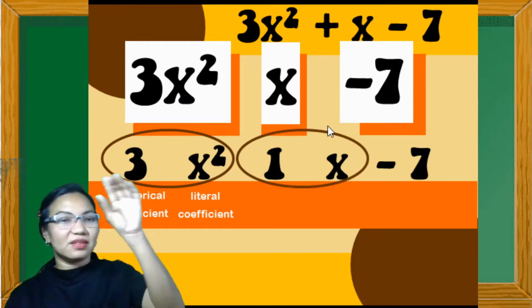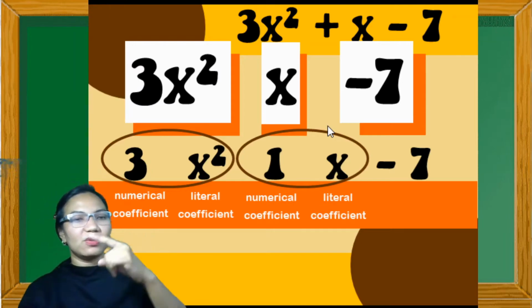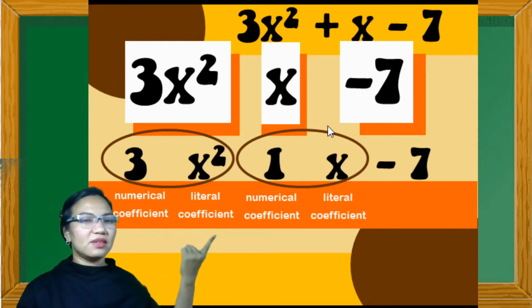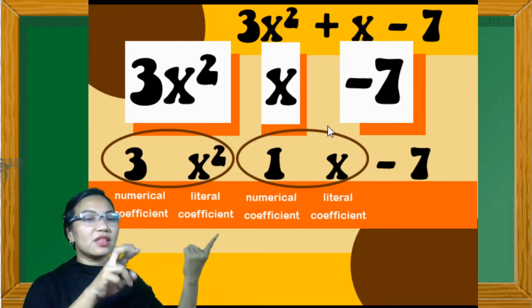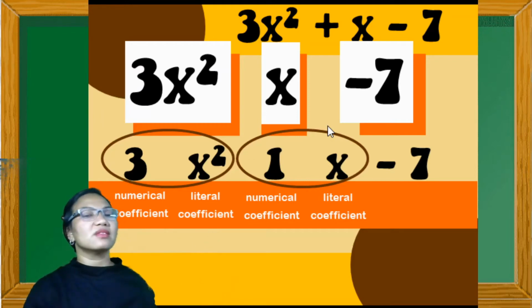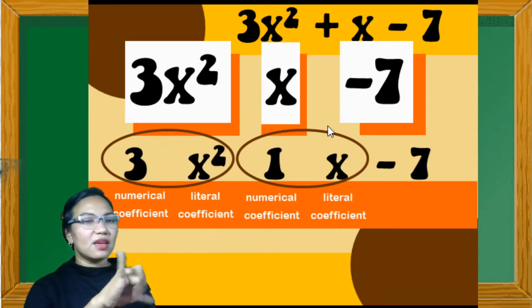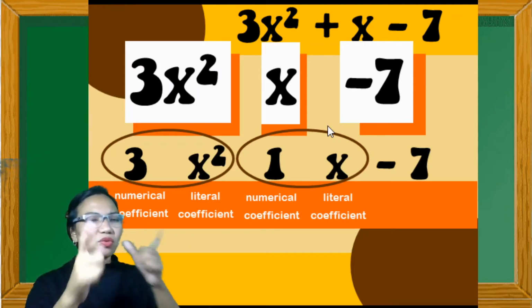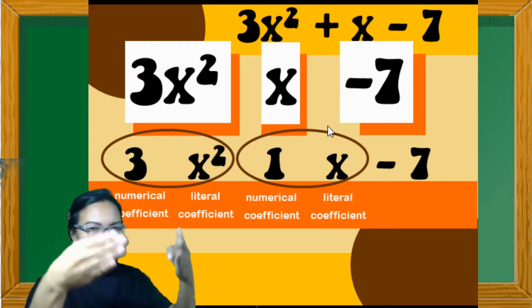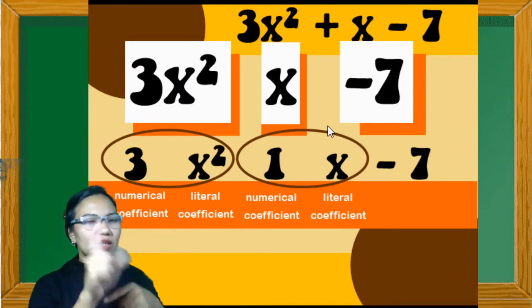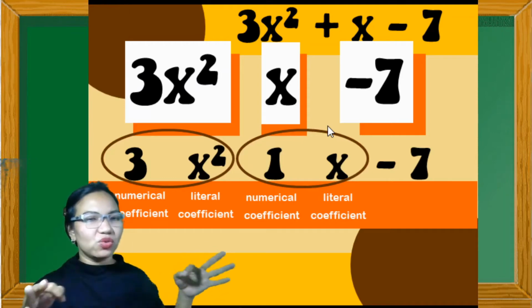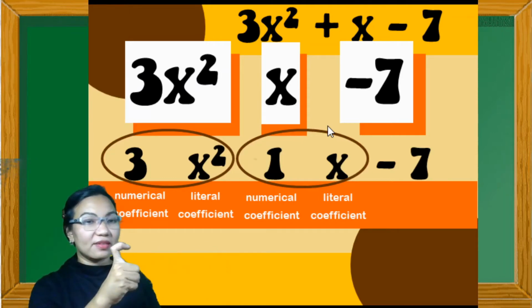Next, so it is 1 as the numerical coefficient, and then x is the literal coefficient. So look carefully and look closely. From the original expression, it's just x.